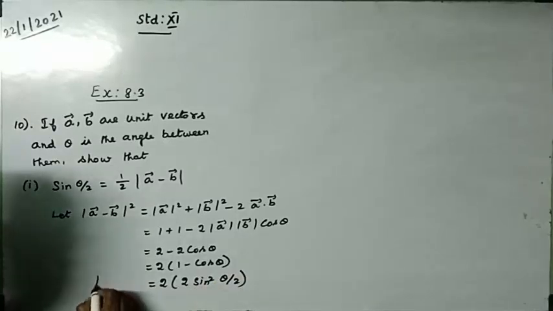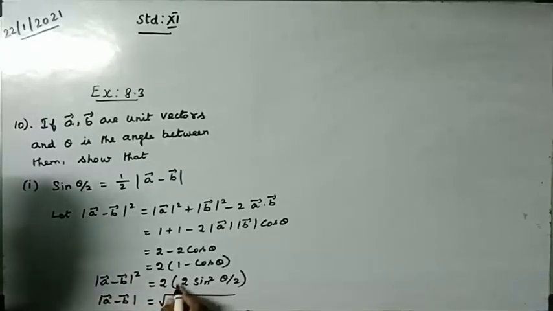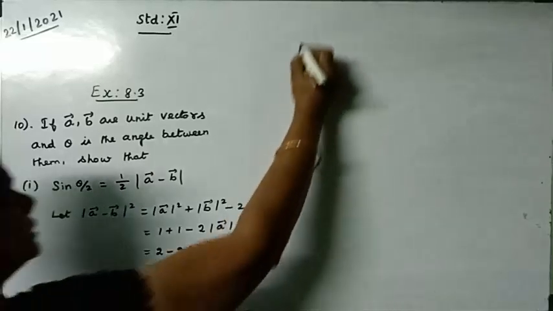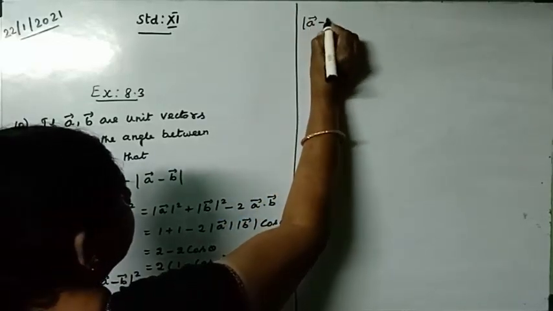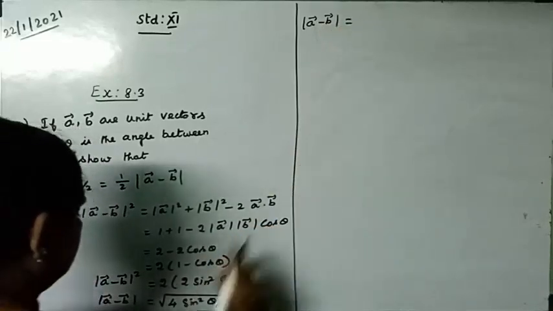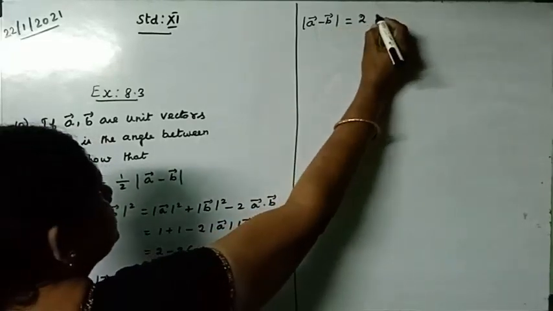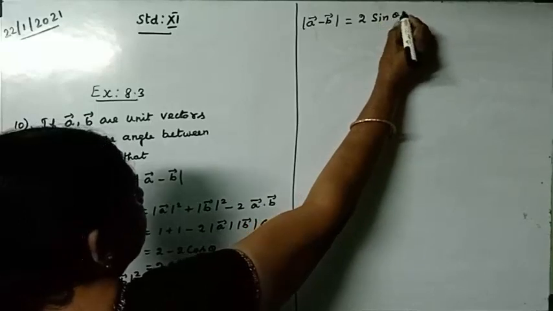Now on the left hand side, what we have found is modulus of A vector minus B vector the whole square, which equals 4 sin square theta by 2. Cancel the square: modulus of A vector minus B vector is equal to the square root of 4 sin square theta by 2. Taking the numbers out of the square root, modulus of A vector minus B vector is equal to 2 sin theta by 2.